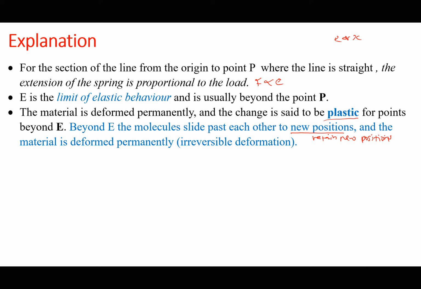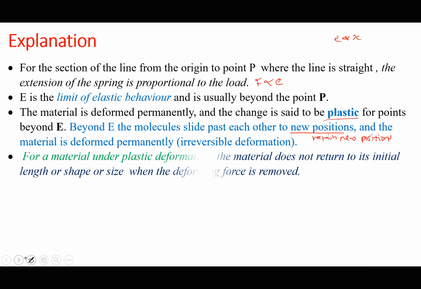So in that case, we say the material has undergone plastic deformation. So when someone talks about plastic deformation, it means the material does not return to its initial length or shape or size when the deforming force is removed.